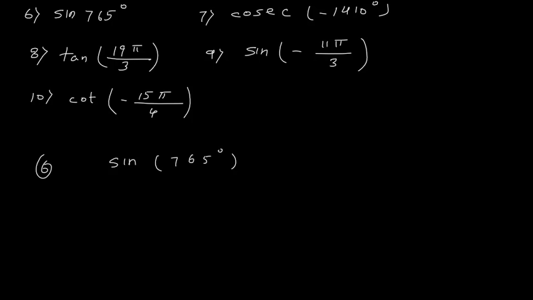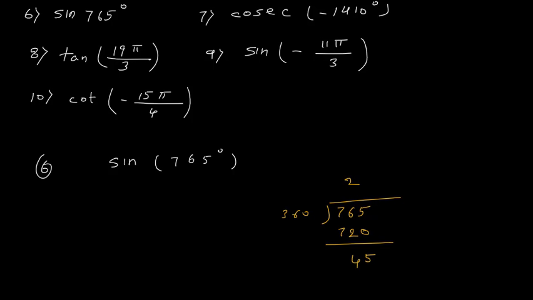Now what we are going to do is write this 765 in terms of 360 degree. So we divide 765 by 360. 360 twos are 720, and the remainder is 45.